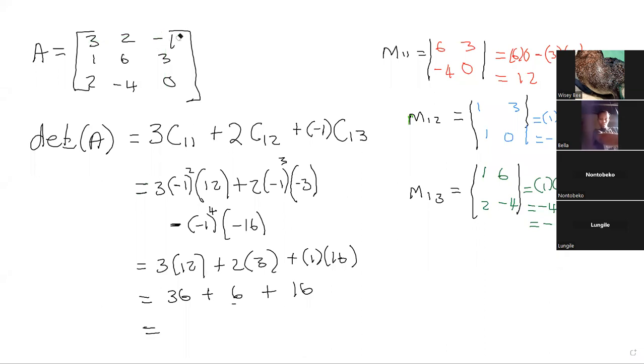For C12 we cancel the 1 and then we cancel this one. I put a 1 instead of a 2 here. Because it's this one, then there's 3, there's 2, and then there's 0. So this will give minus 6 here instead of minus 3.